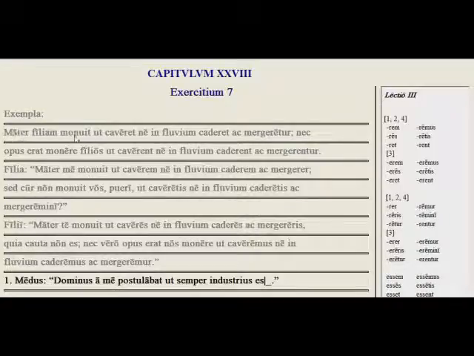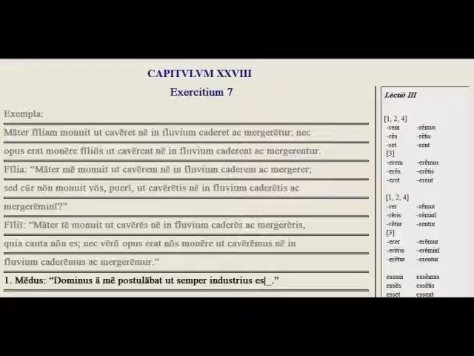Mater filiam monuit ut caveret ne in flumen caderet ac mergeretur, nec opus erat monere filios ut caverent ne in flumen caderent et mergerentur. So it says, the mother warned her daughter to be careful, lest she fall into the river and be drowned.